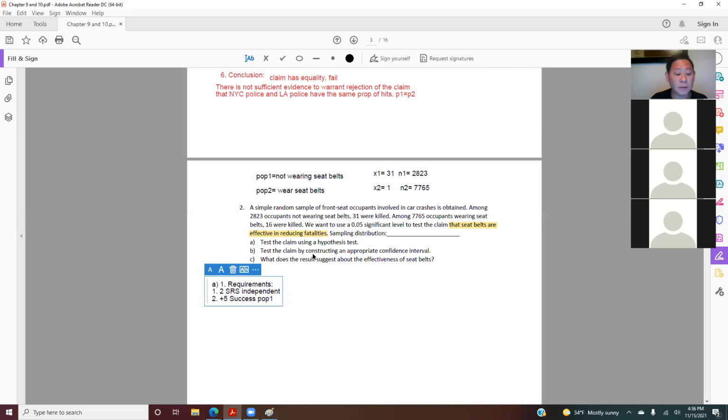That means 5 or more successes and 5 or more failures in population 1, and 5 or more successes and 5 or more failures in population 2. So the first thing is 2 simple random samples that are independent for this question.